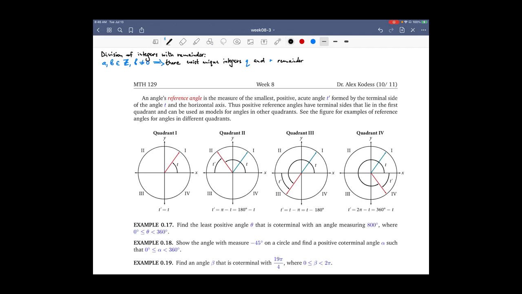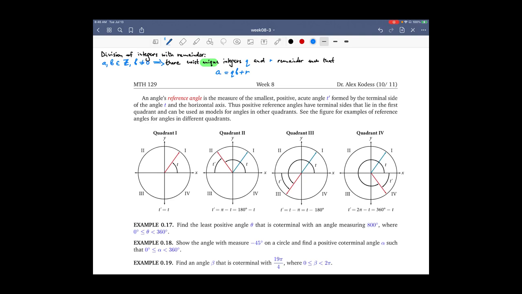Uniqueness is important, such that A equals QB plus R, and unfortunately some people end here, and if you end it here, the statement is incorrect.